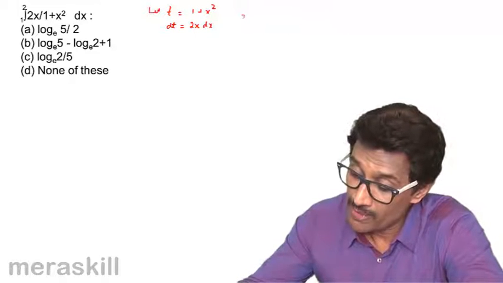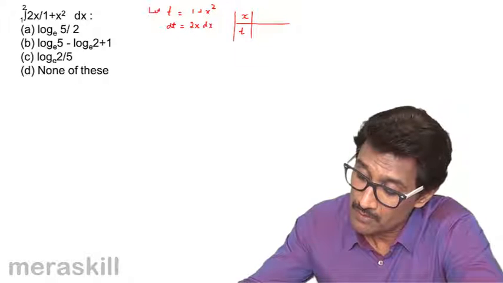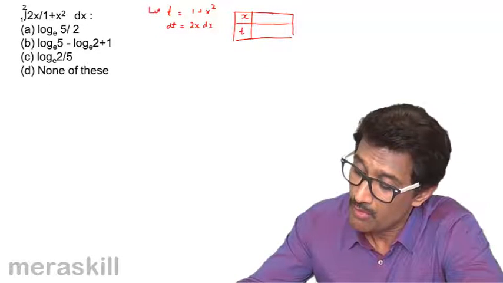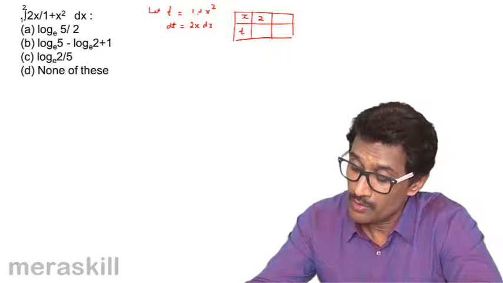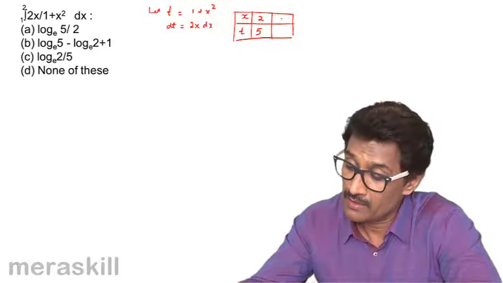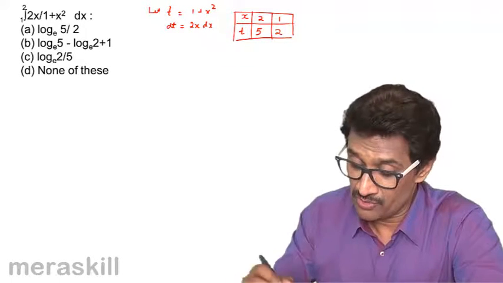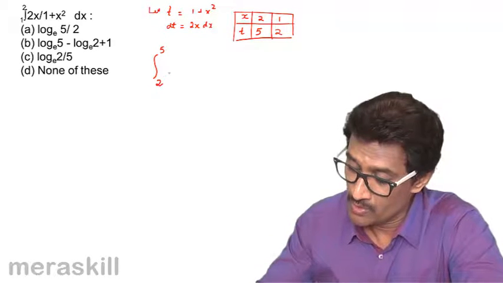So hence again you have x and t. When x is 2, t is going to be 1 plus 2 square, 5. And when x is 1, t is going to be 1 plus 1 square, 2. So eventually this whole thing will be in the domain 5 to 2.